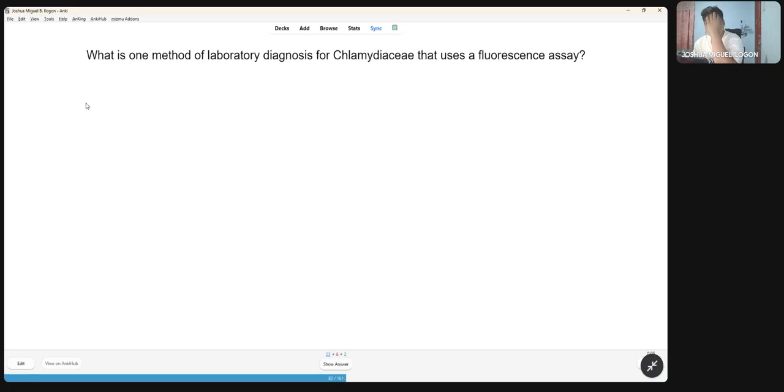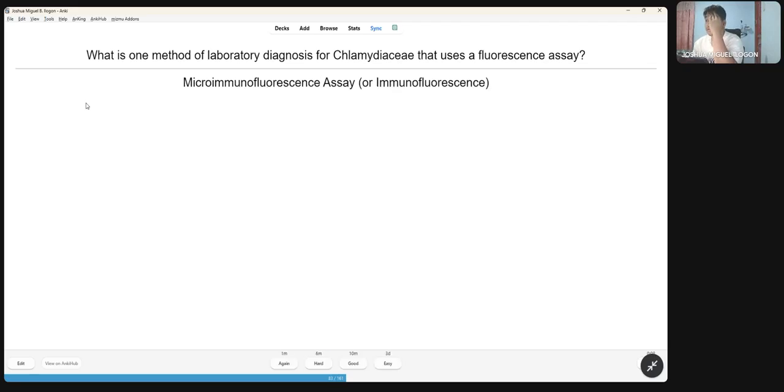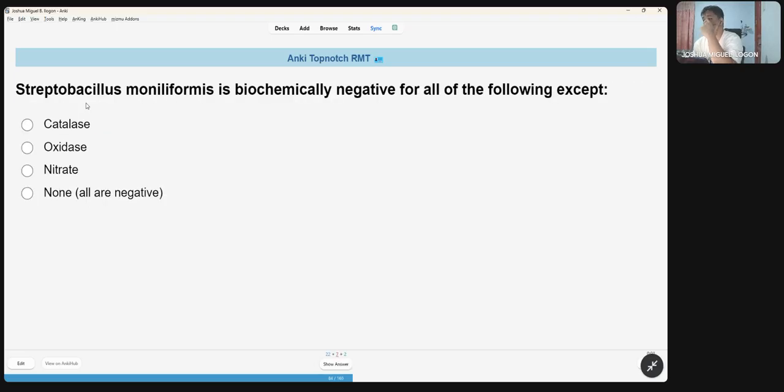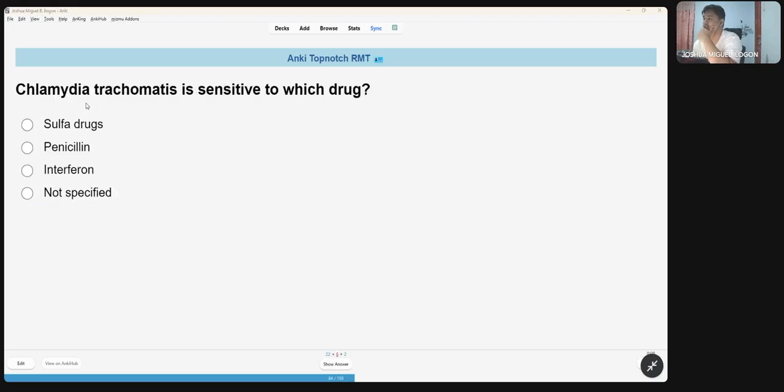Uses a fluorescence assay, FITC, or microimmunofluorescence. I'm gonna answer immunofluorescence. I don't get immediate diagnosis or detection of DNA or RNA. Nucleic acid amplification. None, at least after days.